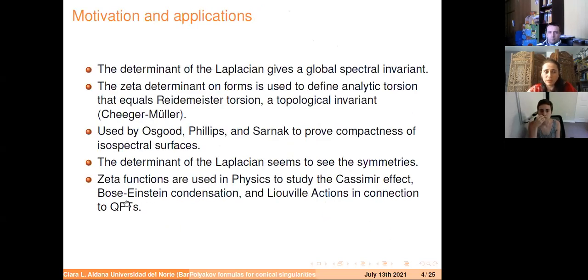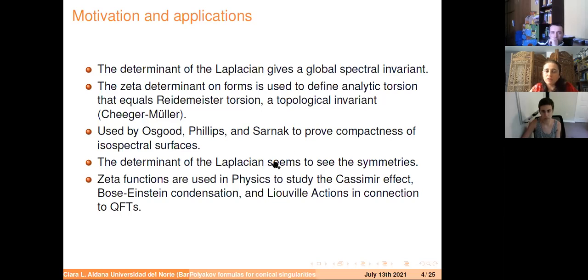So this is a little bit of motivation and applications. As I said, the determinant of the Laplacian is a global spectral invariant. The zeta determinant of forms is used to define analytic torsion, which is equal to Reidemeister torsion, a topological invariant. This was proved by Cheeger and Müller independently. The determinant of the Laplace operator was also used by Osgood, Phillips and Sarnak to prove compactness of isospectral surfaces.